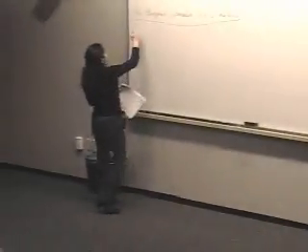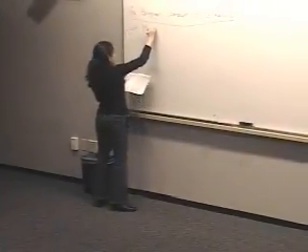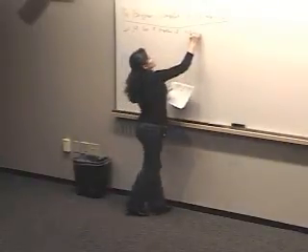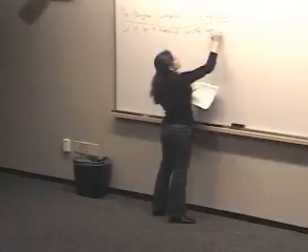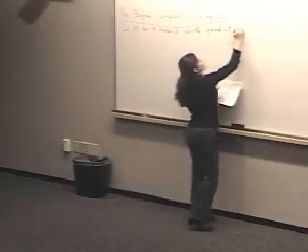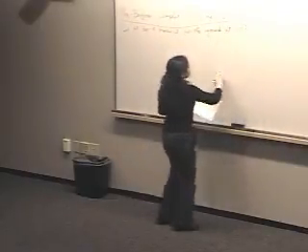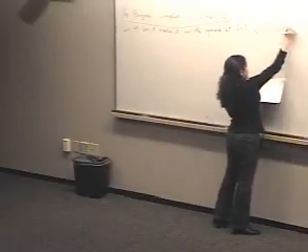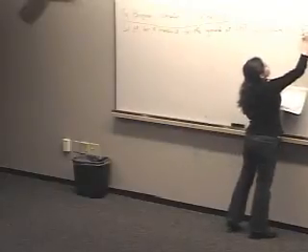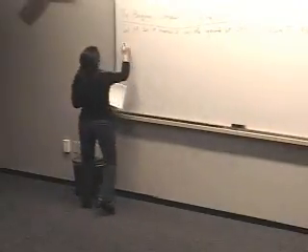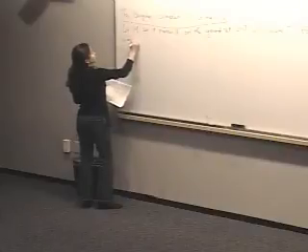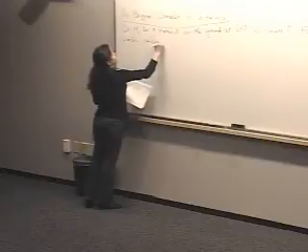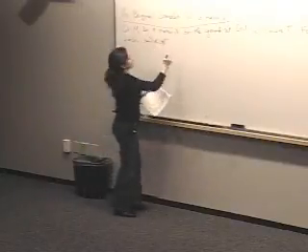Let capital M be a matroid on the ground set, say, a set of points 1 through n with circuits C. And now, for an element omega, this is going to be an n-tuple of real numbers, and we're going to call this a weight vector.